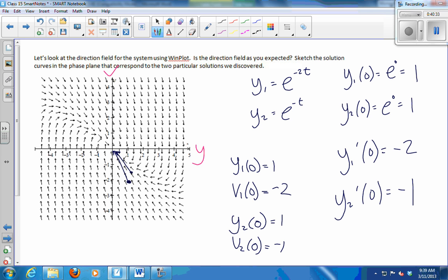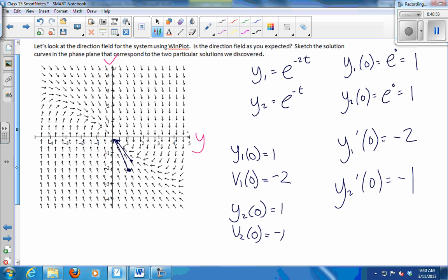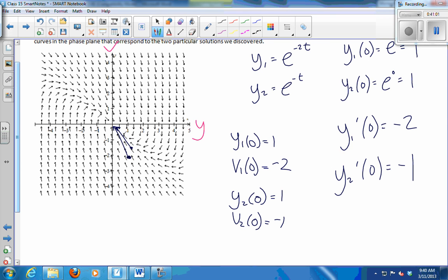It's never going to speed back up unless we introduce another force into the system. Our solutions that we found are on straight line curves directly to the origin. But there are other solutions. We don't have the general one.